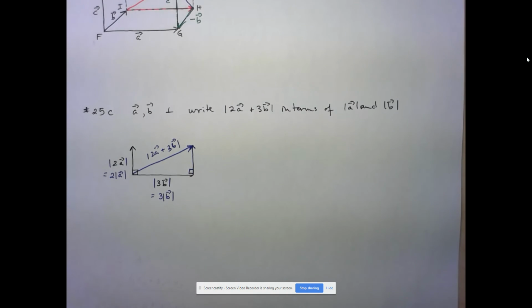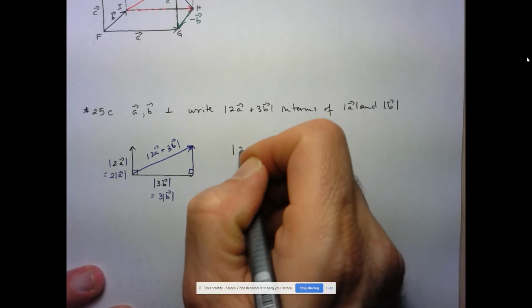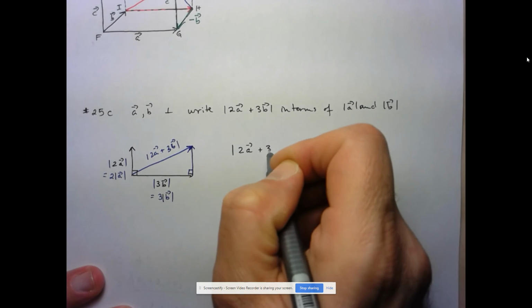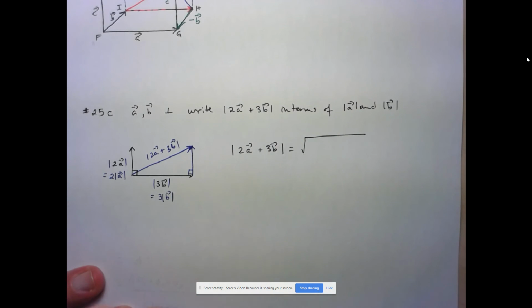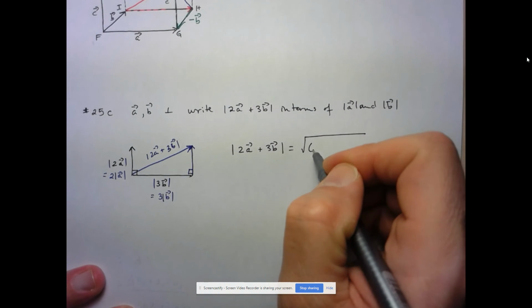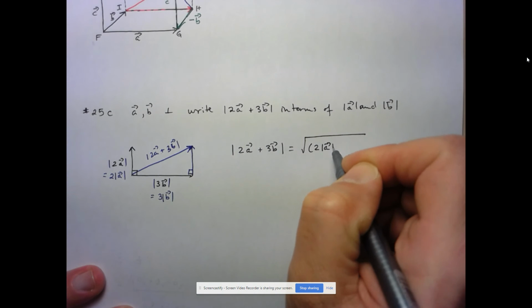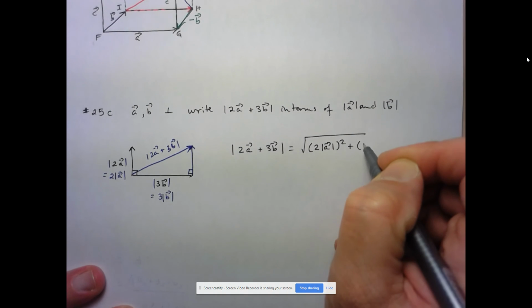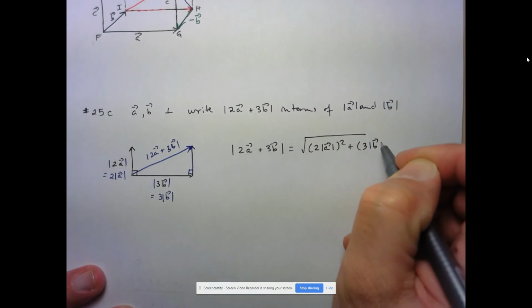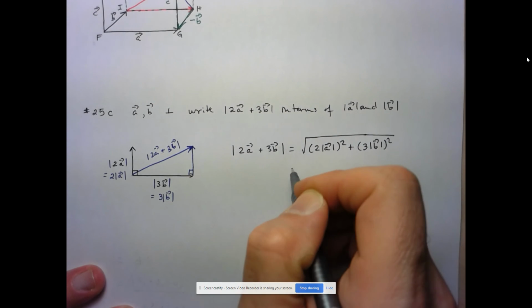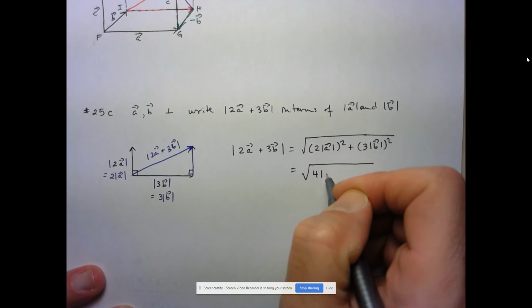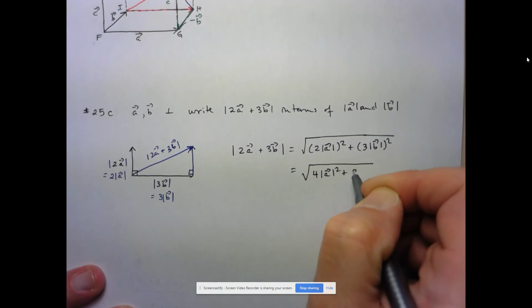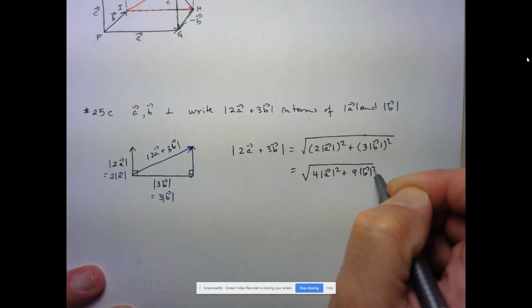So let's write out Pythagoras here. The magnitude of 2A plus 3B is just going to be equal to the square root of the sum of the squares of the other two sides. In other words, the square of 2 times the magnitude of A plus the square of 3 times the magnitude of B. When I simplify this, I get the square root of 4 times the magnitude of A squared plus 9 times the magnitude of B squared.